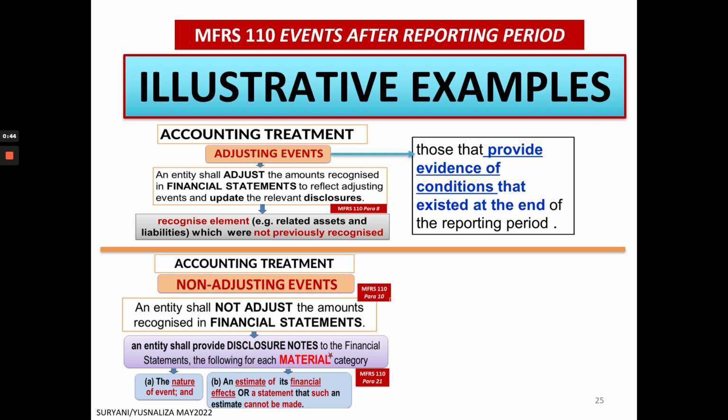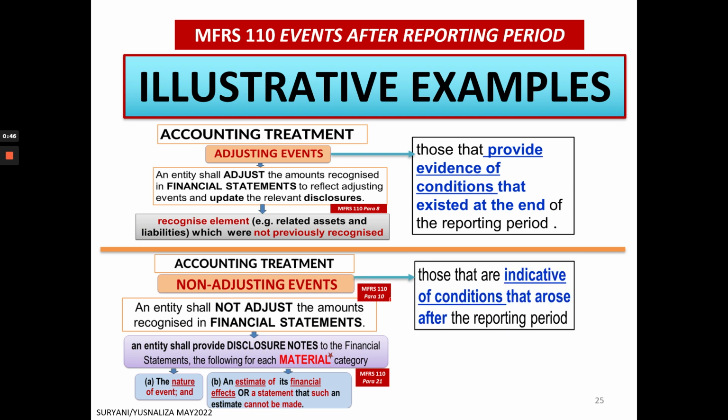Recall that the non-adjusting event is those that are indicative of condition that arose after the reporting period. The difference between these two is that here the condition existed as at the reporting period, but here there is no condition that existed as at the reporting period.